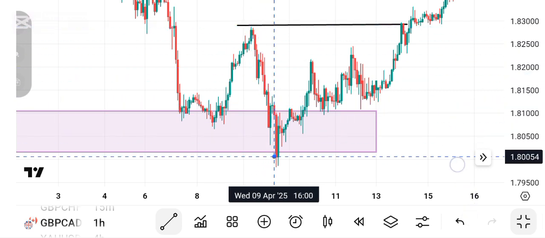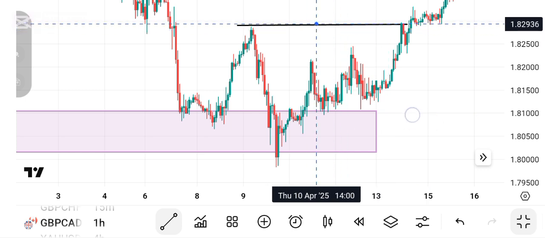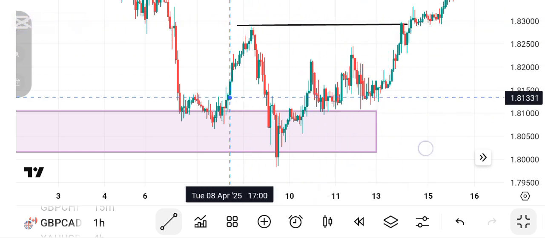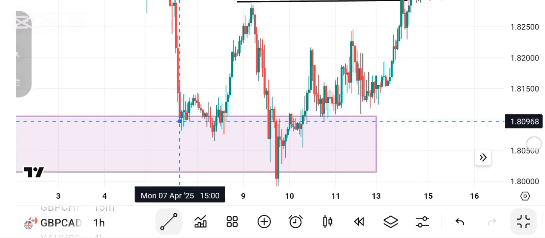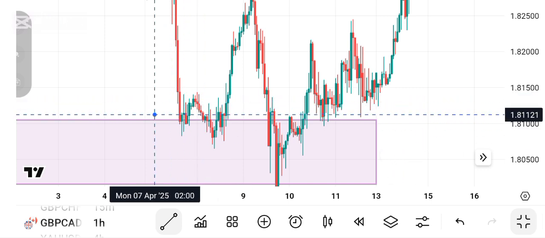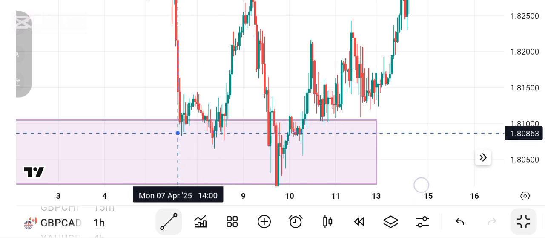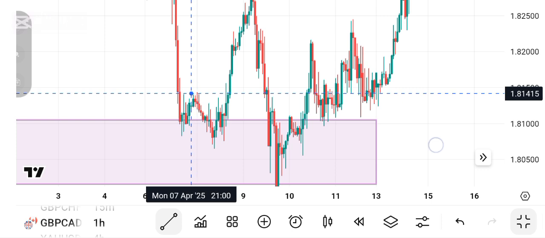And we have a low, and we have a break of this high. Now, how do you mark your break of structure? A break of structure is said to be valid when a candle body breaks a low, or when a candle body breaks a high.